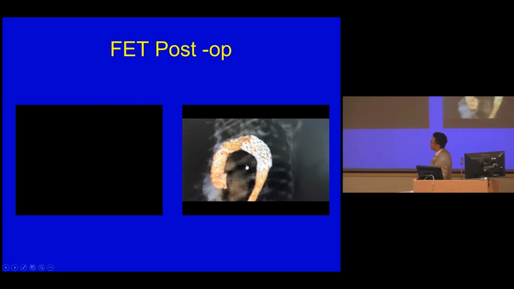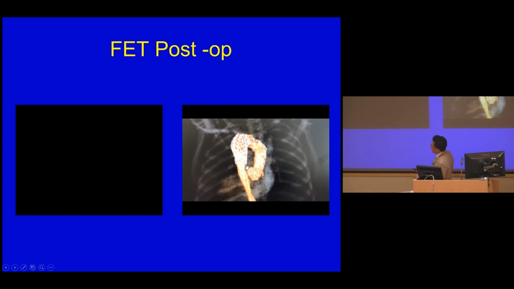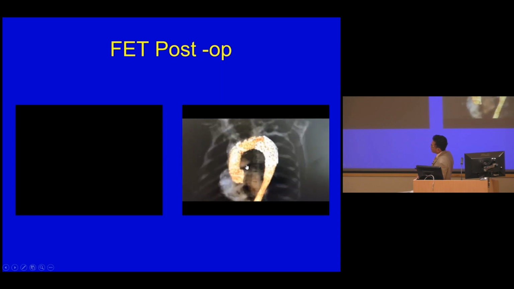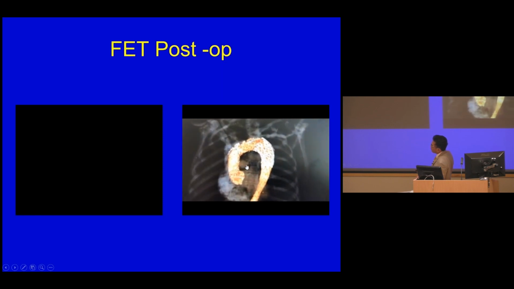This is a 3D reconstruction of that frozen elephant trunk. Again, this is early. You've got to give it some time for the remodeling to occur. And if it doesn't, then it's very simple to go back in here and put another endostent and come more distally.